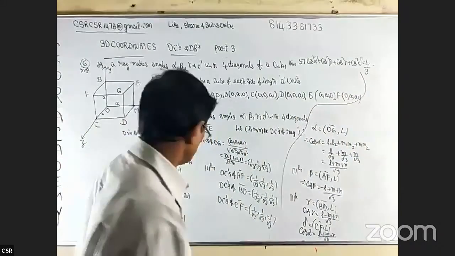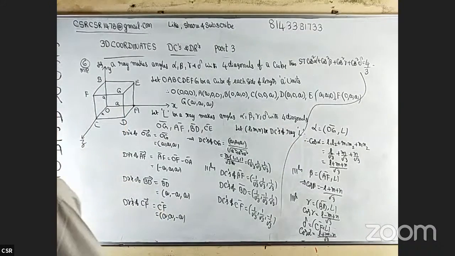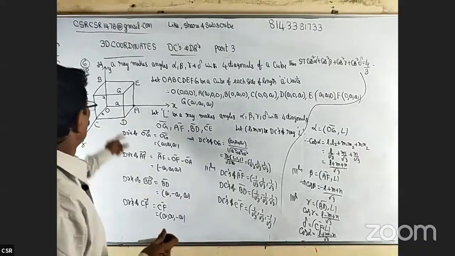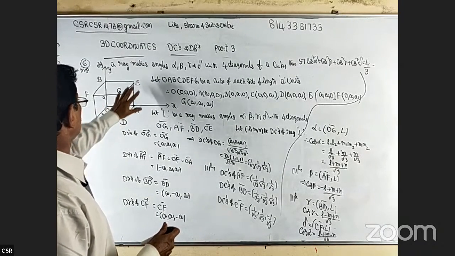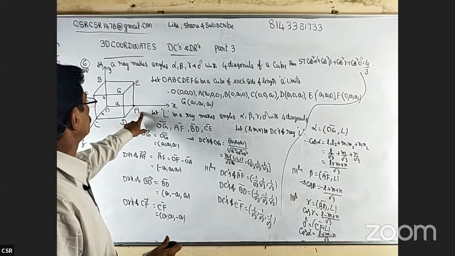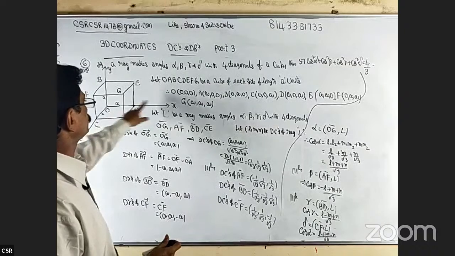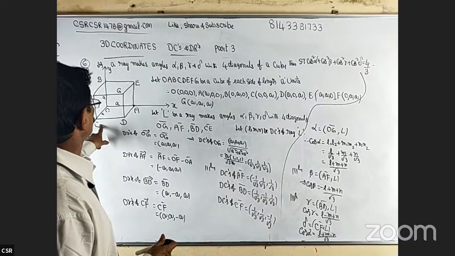Now the last part I will write here. See once again up to this part here. O, A, B, C, D, E, F, G be the cube of each side of length A units. So A, O origin is 0, 0, 0, A is A, 0, 0, and so on.